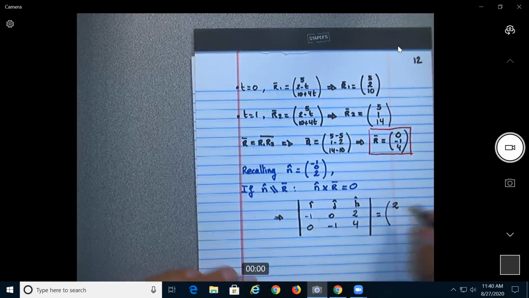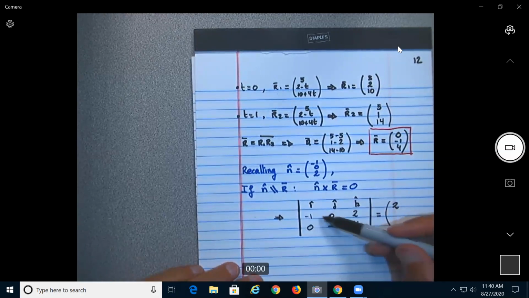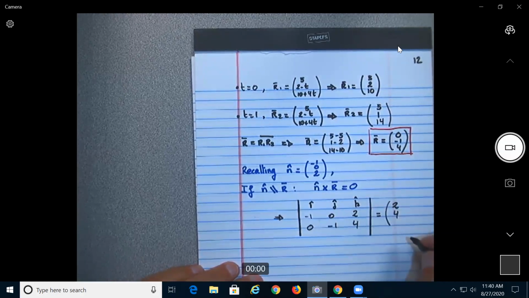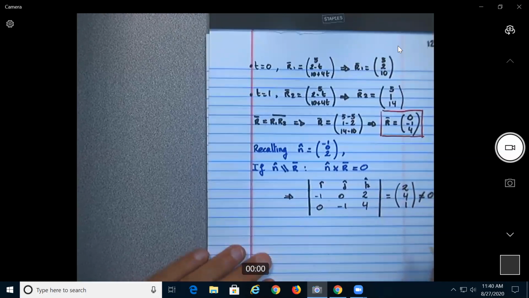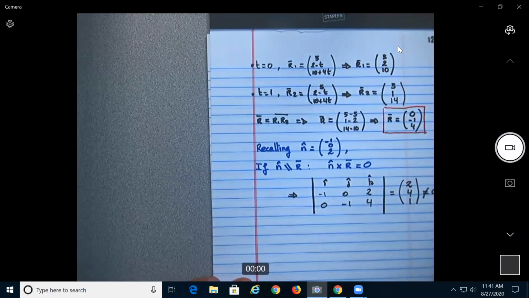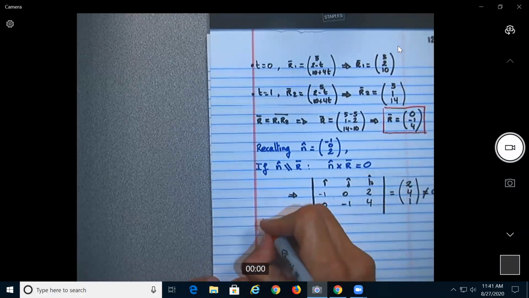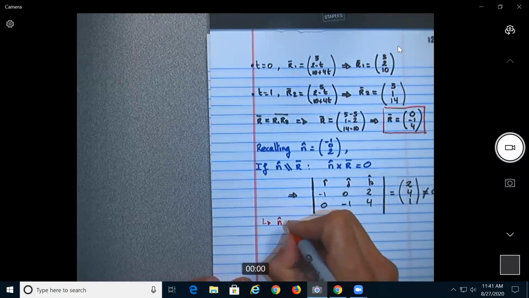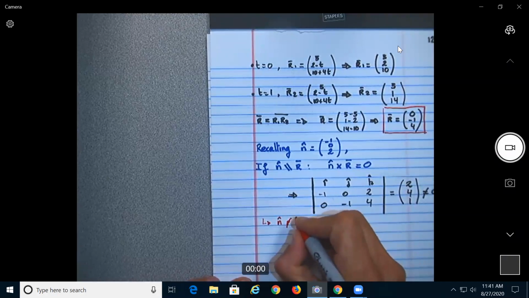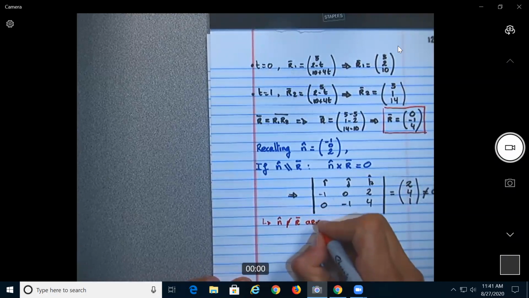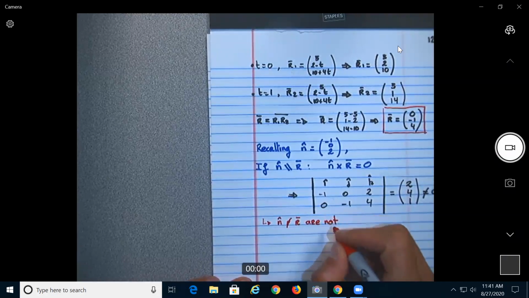We should stop here, but let's do the other one. It gives -4, but it's negative so it will be 4, then 1, -0, 1. What's important here is that this is different than 0. So what is the conclusion? n and R are not parallel.